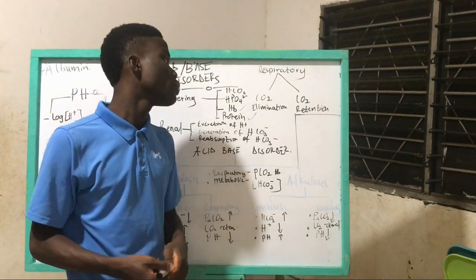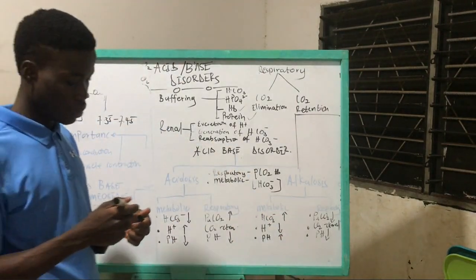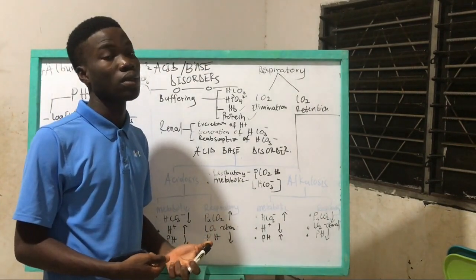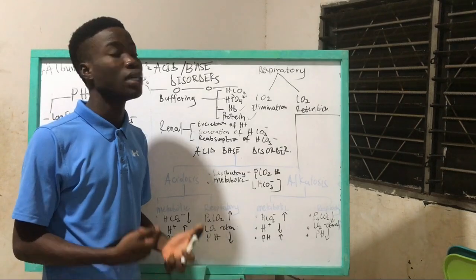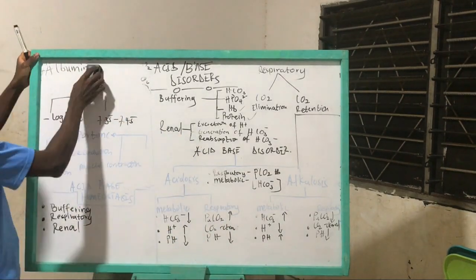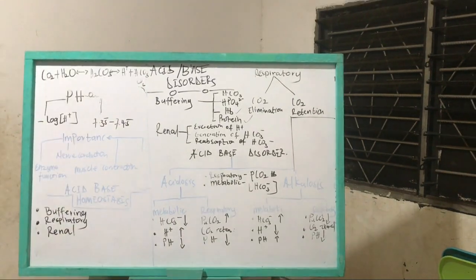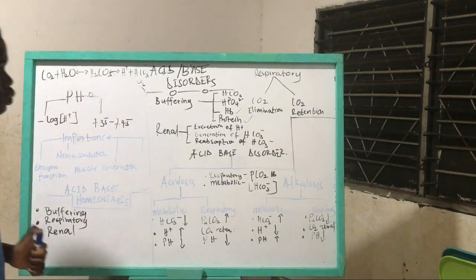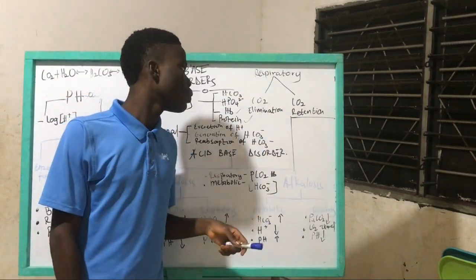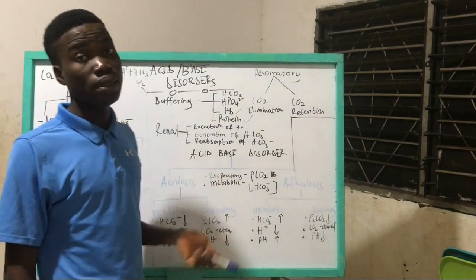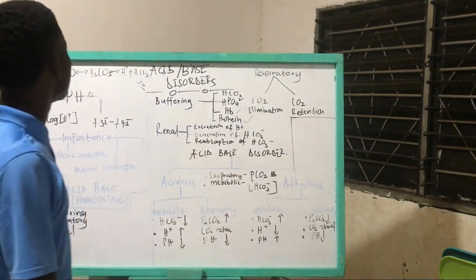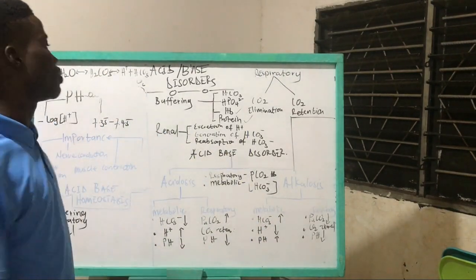Okay, so let's see what happens when there is so much carbon dioxide in the body. So how does the respiratory system enhance acid-base buffering? Okay, so it's just a simple mechanism.